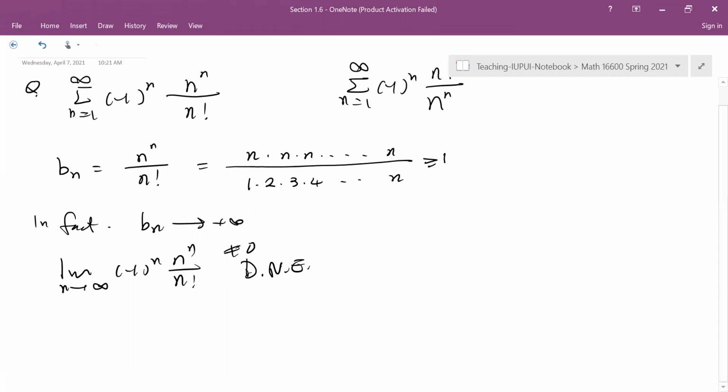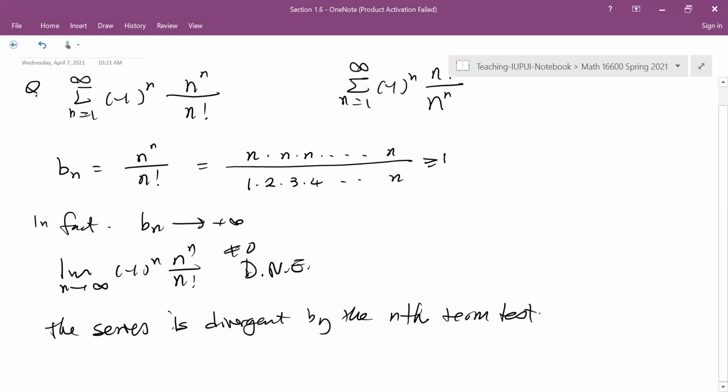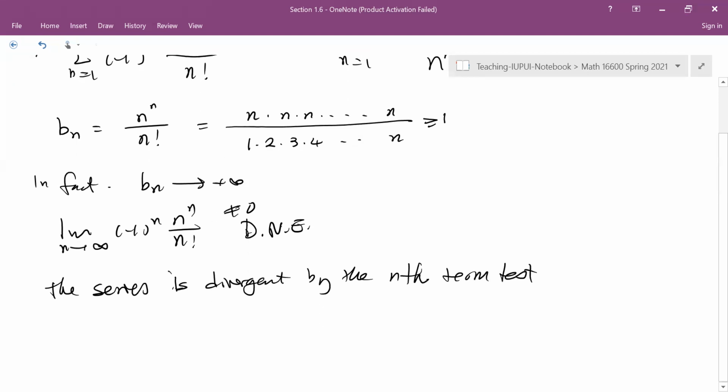Why doesn't it exist? Because Bn does not approach 0, so negative 1 to the n is just up and down. So therefore, the series is divergent. And by what? By the nth term test. The nth term test is only for divergence, okay? That's it.